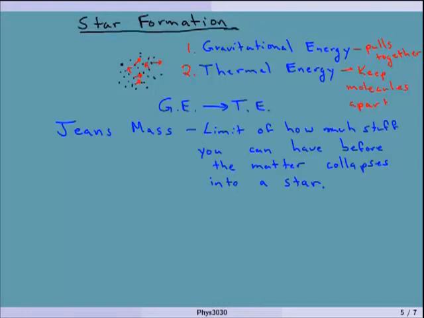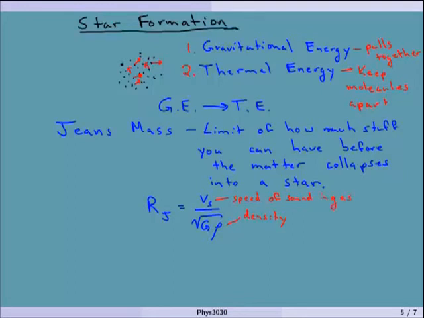The Jeans length is equal to the velocity of sound in whatever you're looking at, divided by the square root of G times rho. Let me annotate this. Rho is the density of the gas. Vs is the speed of sound in the gas.